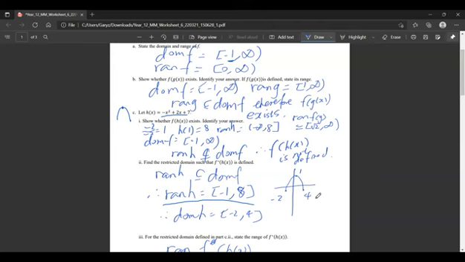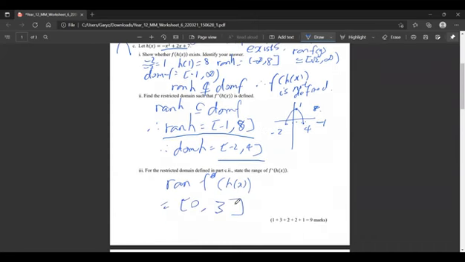A quick sketch tells us, this line down here is -1, this here is 8. Between -2 and 4, h of x would be within the domain of f. Therefore, we have to restrict the domain of h of x to -2 to 4.